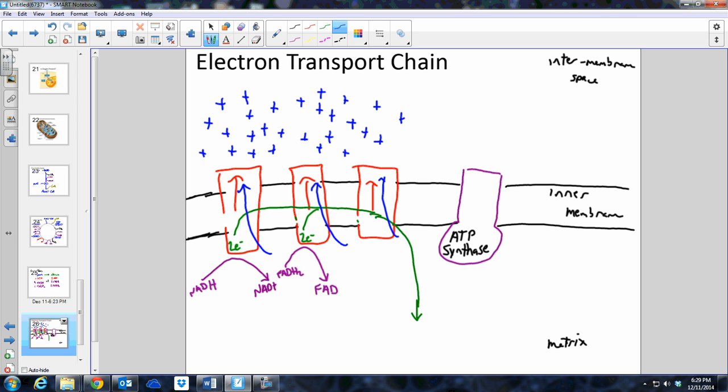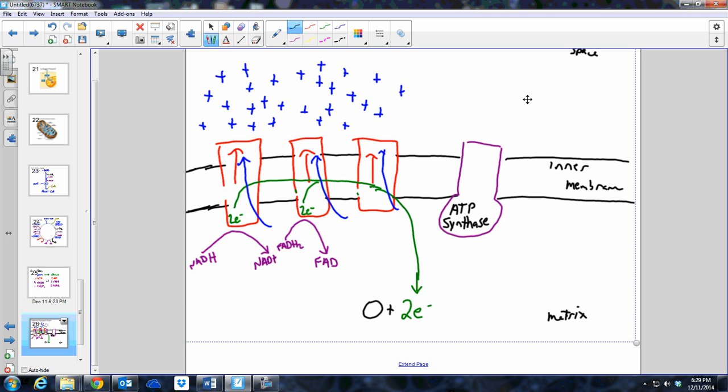Now, what happens to these 2 electrons at the end of the road? Who likes used up electrons? Well, there's one molecule that likes electrons more than anything in the entire world, and that is oxygen. Oxygen loves electrons and is always willing to accept electrons. And in order to accept electrons, there also must be the addition of 2 hydrogen ions.